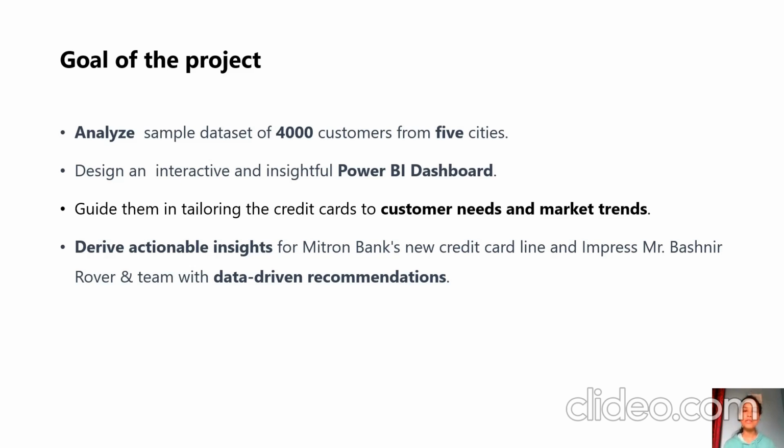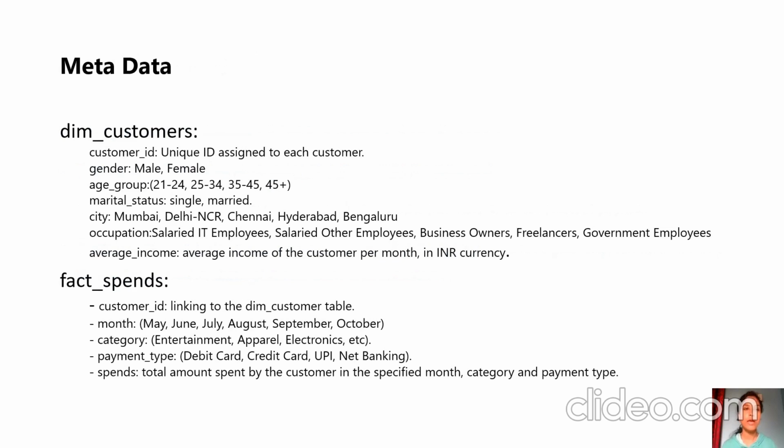The insights from the dashboard guide us to a tailored credit card that meets customer needs and market trends. Finally, I have suggested some credit card features that might impress the strategy team and the director of the strategy team.